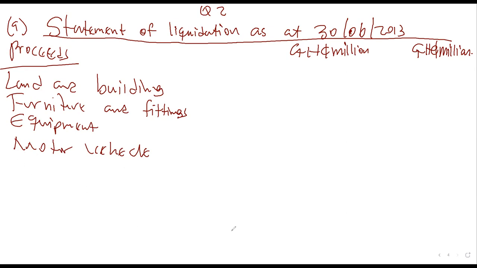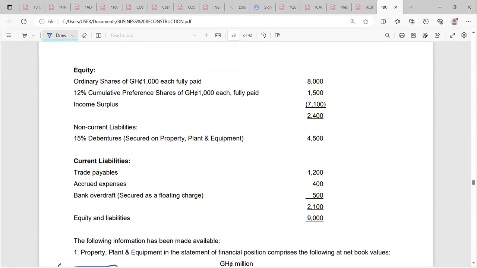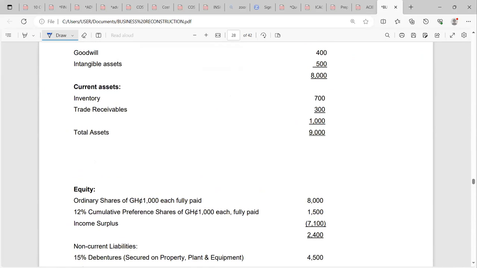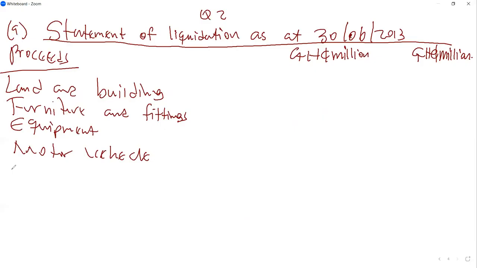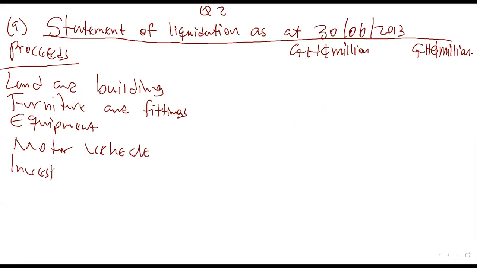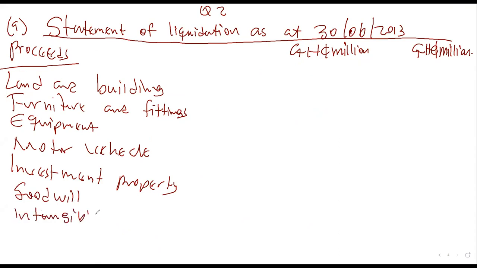Let's go back, continue the story. So the rest of the assets, they are on the balance sheet now. Besides PPE, they own investment property, goodwill, and intangible. So right here, investment property, goodwill, and intangible asset.